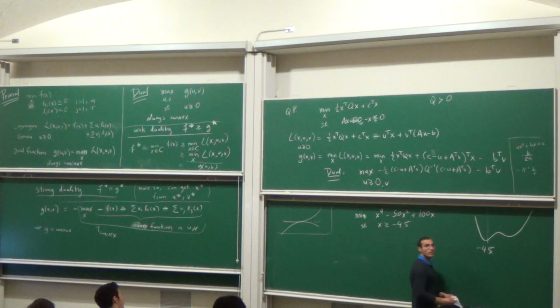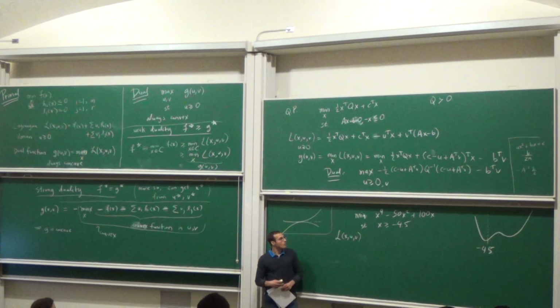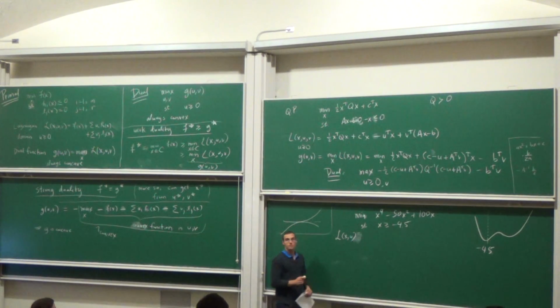It may seem simple, but it's actually an interesting problem with respect to duality. So how do I derive the dual function here? I just form the Lagrangian like I usually do, L of x and u. Here I only have an inequality constraint and no equality constraint, so I only have one dual variable.